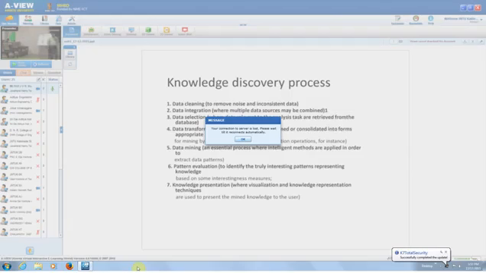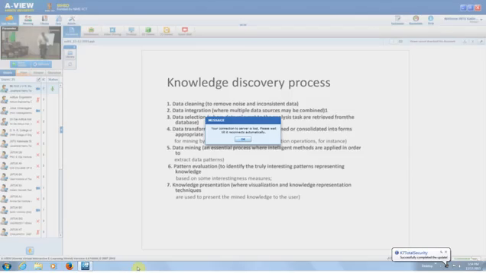And knowledge presentation, where visualization and knowledge representation techniques are used to present the mined knowledge to the user. That is also important, either as a graph or a pie chart or bar chart.